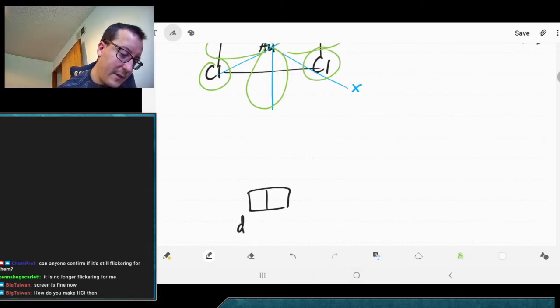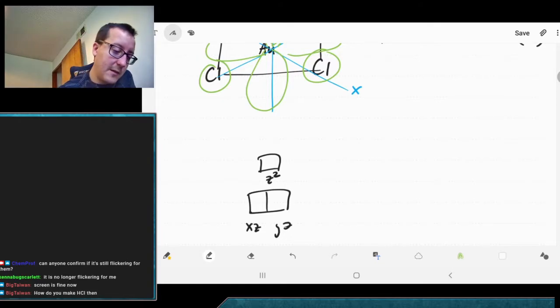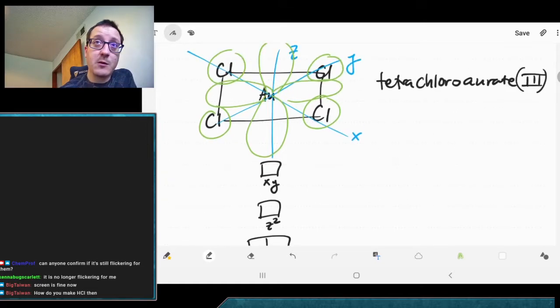I'm just going to put, instead of d for everything, xz and yz here. We're going to have z squared be kind of the next one. I'm going to have that xy where they're kind of in between.